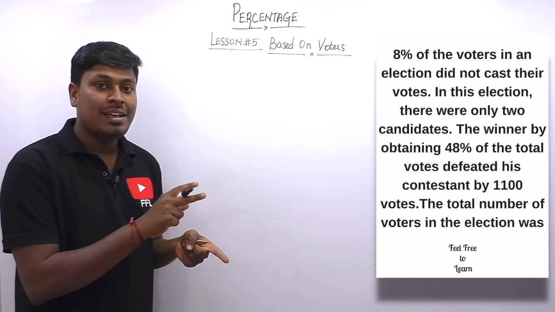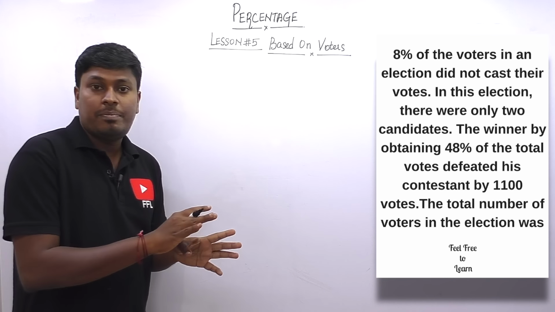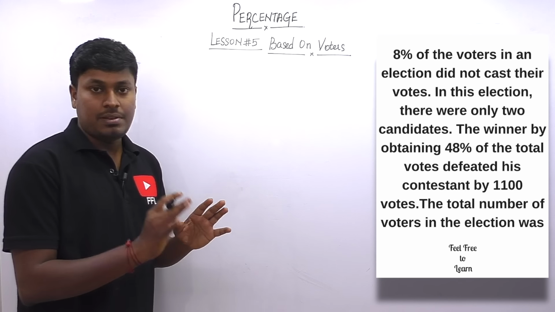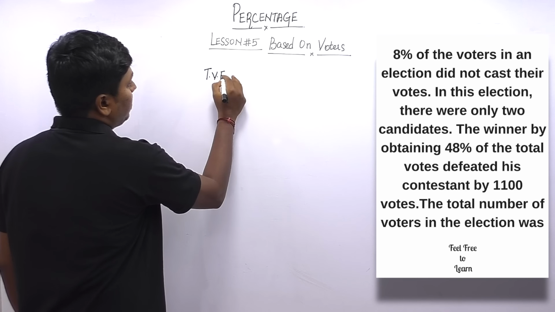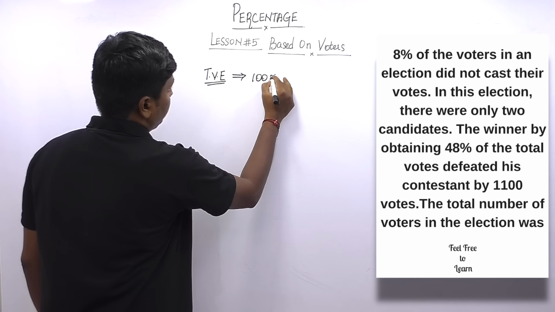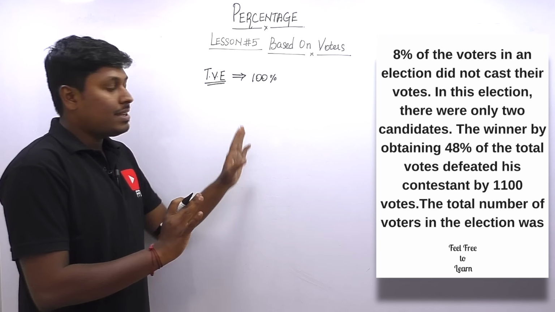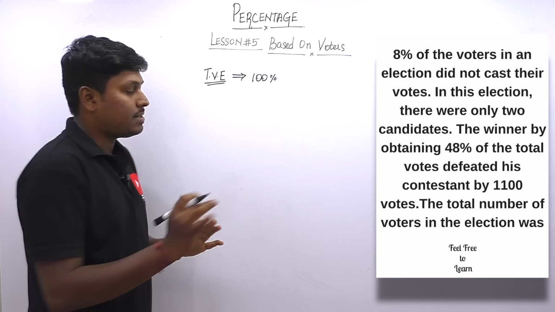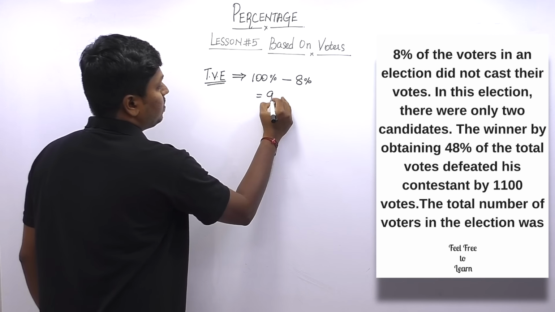In the previous question 10% of the votes were invalid, but in this question 8% of the voters did not vote in the election. So the similar concept, we always remember that total votes enrolled should be taken as 100%, no change in the value. Now out of this total, they are saying that 8% of the voters did not vote in the election. First we can subtract 8%, which is 92%.